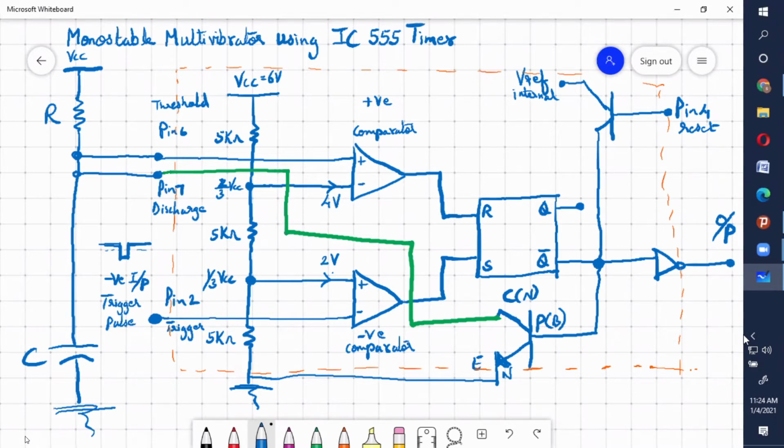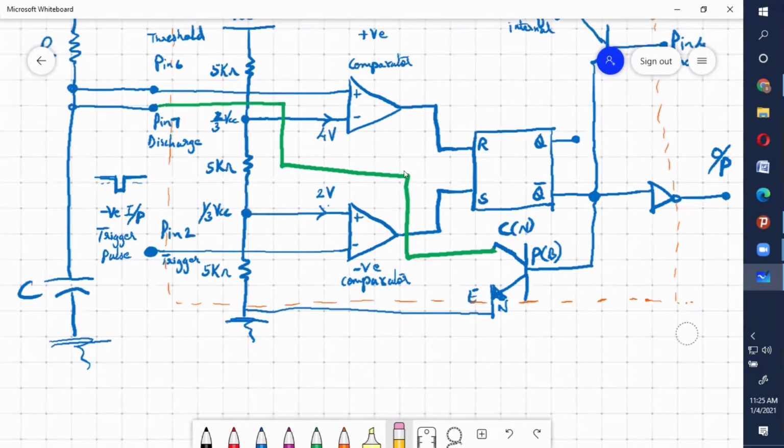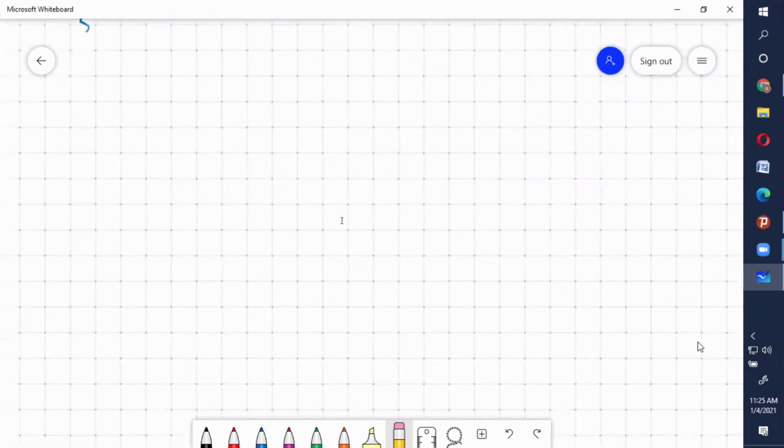We'll write the graph simultaneously. The name already says what? Monostable. So mono means how many, students? One or many? One, right?